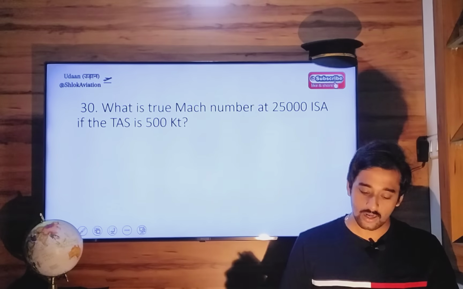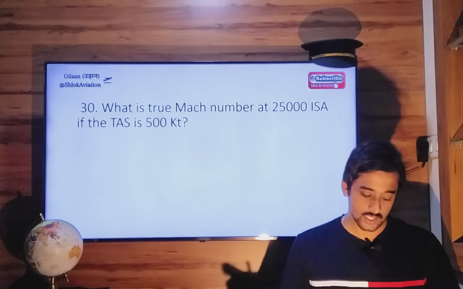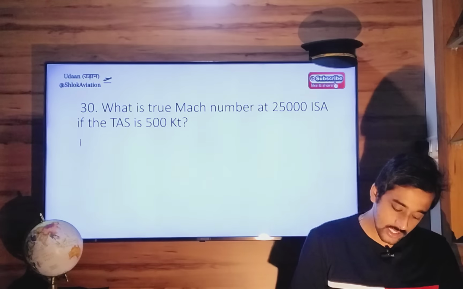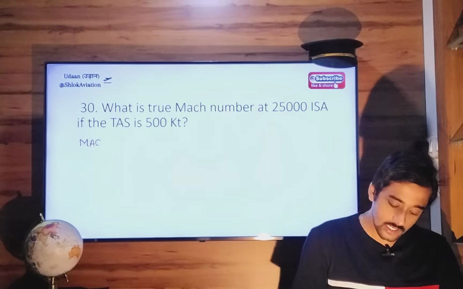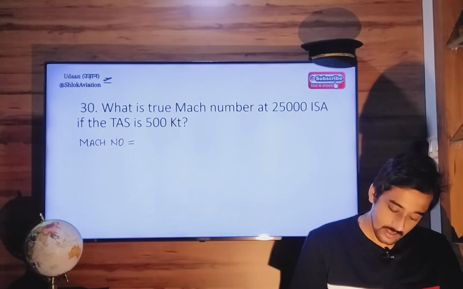What is true Mach number at 25,000 feet ISA conditions if true airspeed is 500 knots? So similar to the previous question, but here we have to first find out the ISA temperature at 25,000 feet.